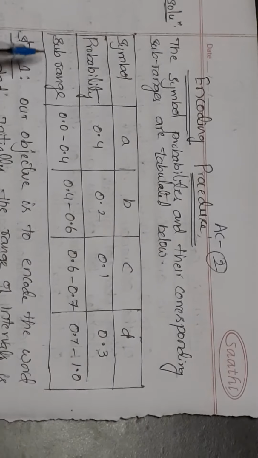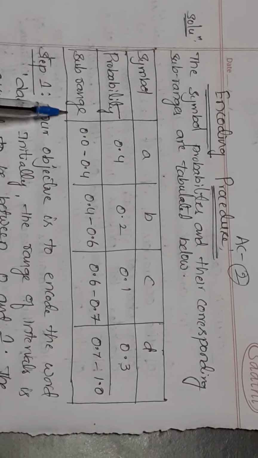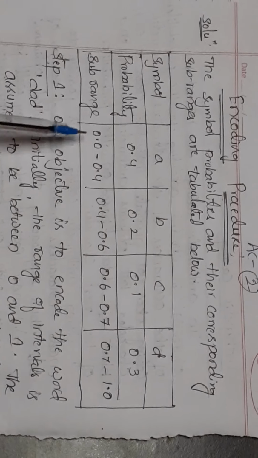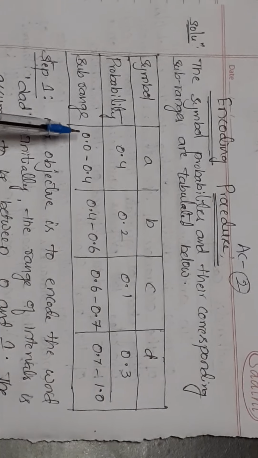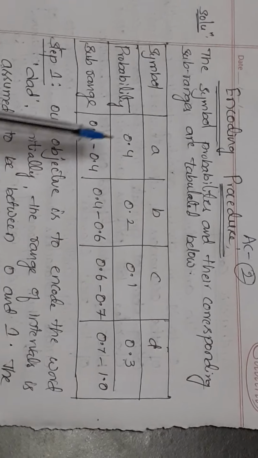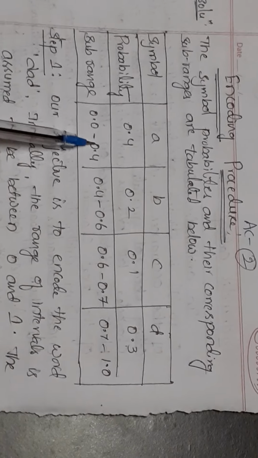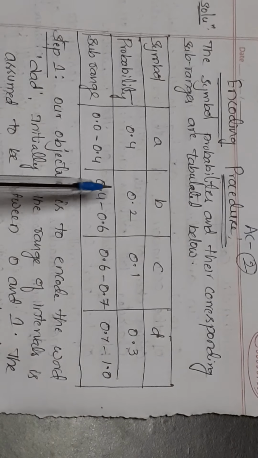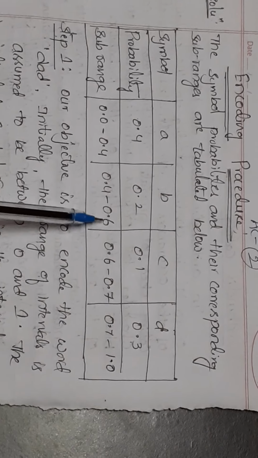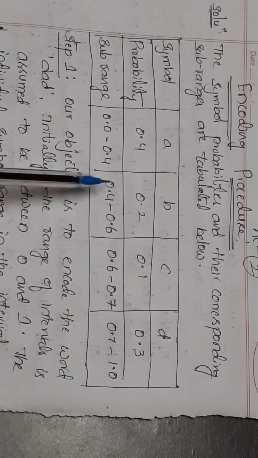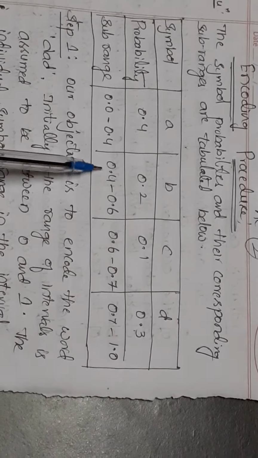Here you have to write the subrange, meaning the cumulative probability distribution. From 0.0 to 0.4 you have A, and from 0.4 to 0.6 you have B, because the difference between 0.6 and 0.4 is 0.2.